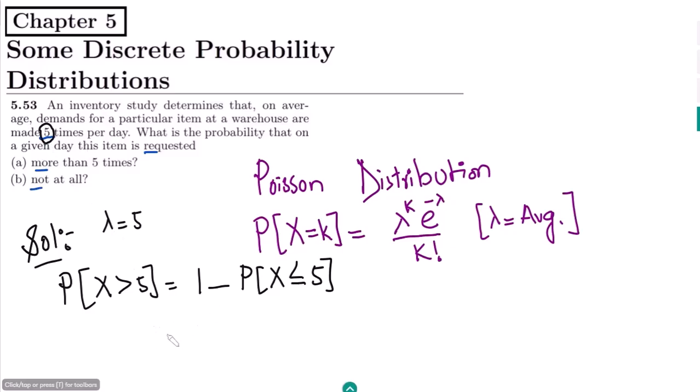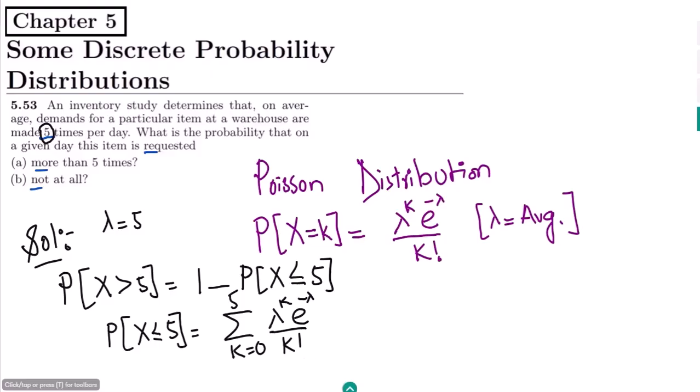In order to find it out, the probability that x is less than or equal to 5 can be calculated by summing the Poisson distribution from k equal to 0 up to 5. It would be lambda to the power k, exponential of minus lambda, divided by k factorial.